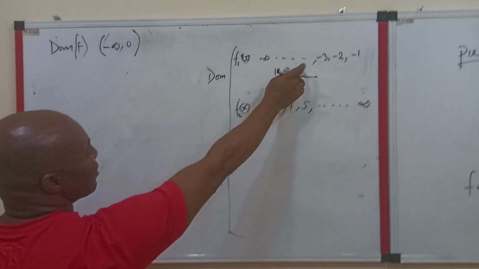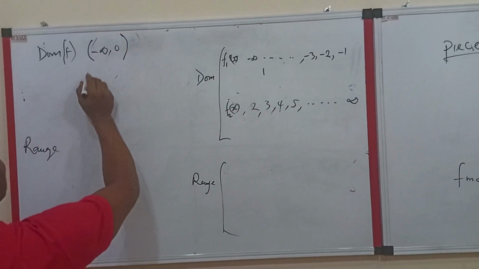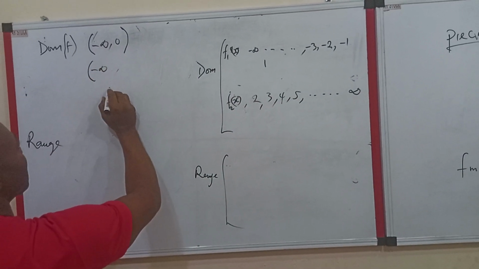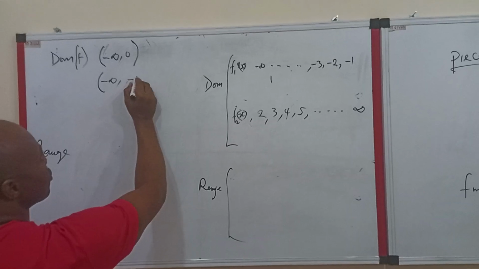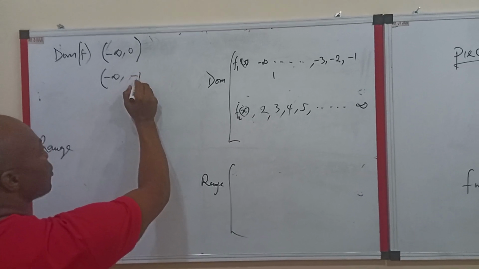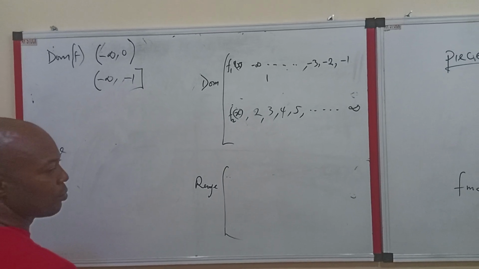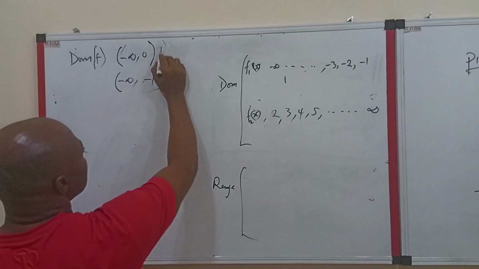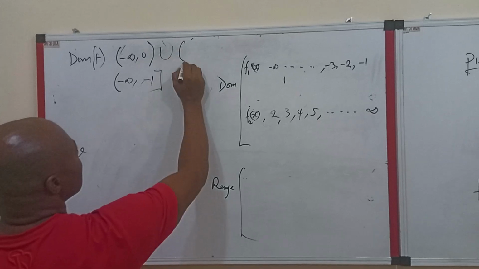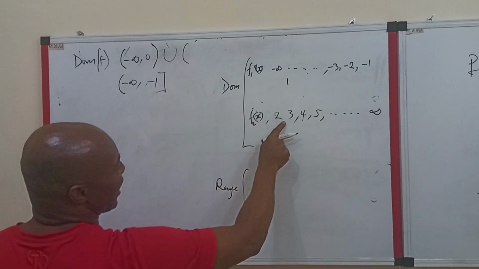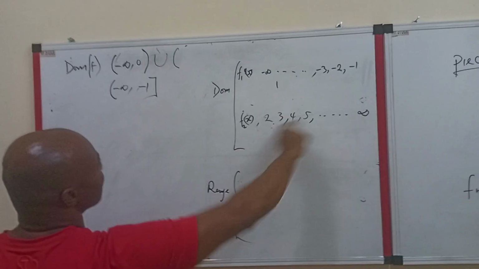But if you want to write it exactly the way it is, then you say this one, then you put minus 1. If you do not put the minus 1 as it is, then see the bracket you will use. Union. This other side, 1 is there, 2 is there.